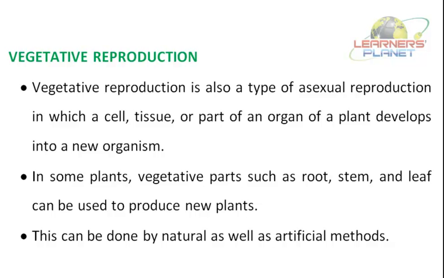So basically we can say that vegetative reproduction is also a type of asexual reproduction in which a cell, tissue or part of an organ of a plant develops into a new organism. In some plants, vegetative parts such as root, stem and leaf can be used to produce new plants, and this can be done by natural as well as artificial methods.